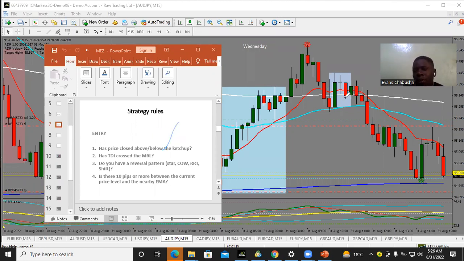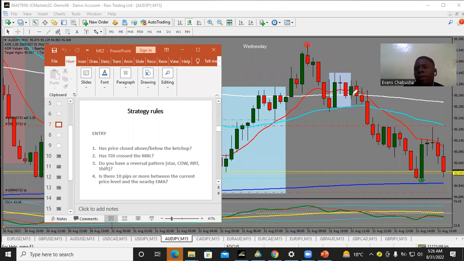Okay, so for those who maybe ignored the entry criteria and everything, you entered there. The price closed above the ketchup. You better leave your trade there because you don't know whether this price will go up and challenge that level there. So whenever it closes above the ketchup, you leave the trade.